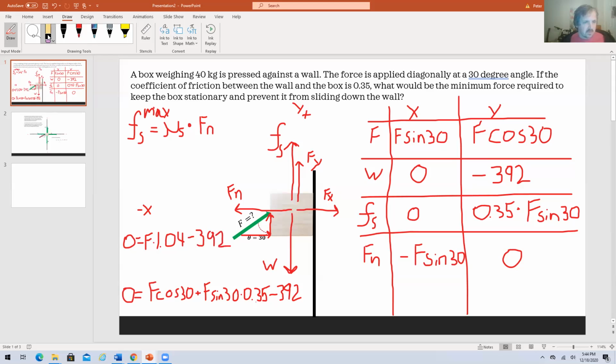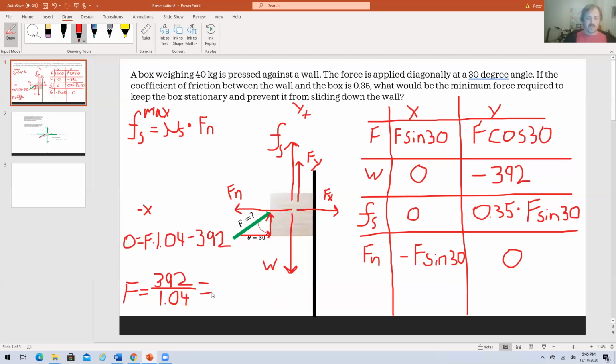Make myself some room by getting rid of this thing right here, since we've moved on from it. Then you can probably see what we can do from here. We can just add 392 to both sides and then divide both sides by 1.04. And we end up with f equals 392 divided by 1.04.